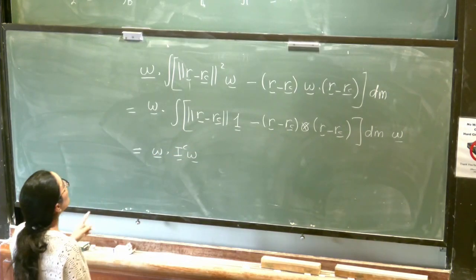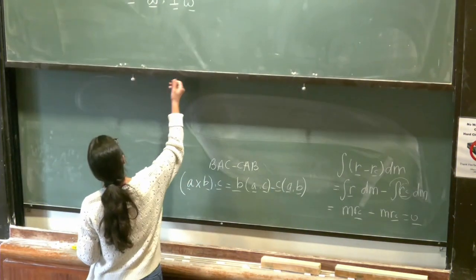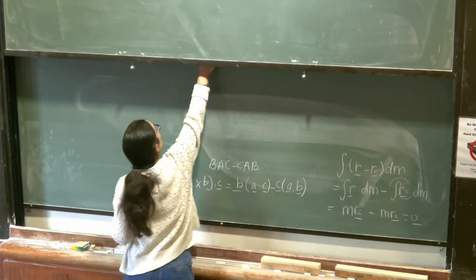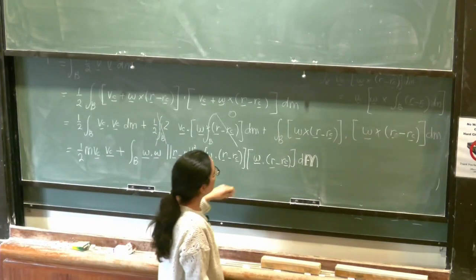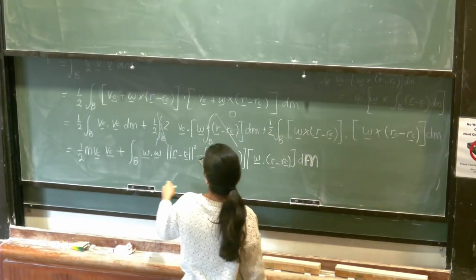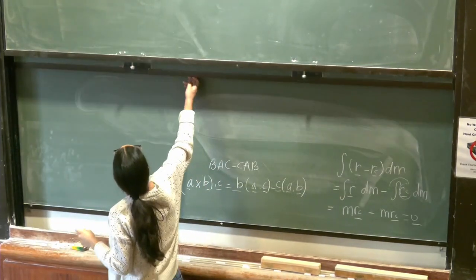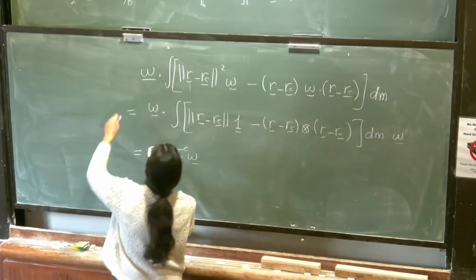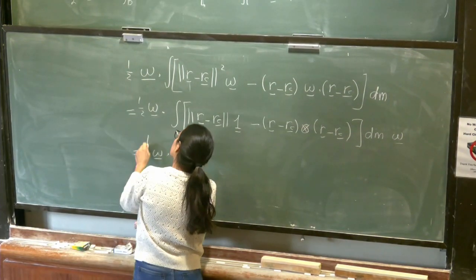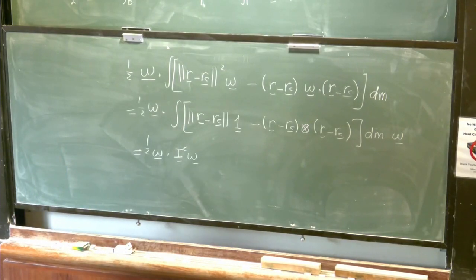With the half outside, yeah, I forgot the half. That gives us what we were looking for. Okay, this should have a half here. Yes, that's what we wanted, that's what we got.